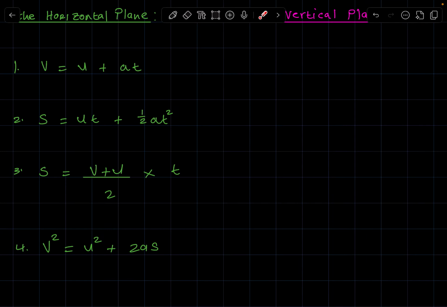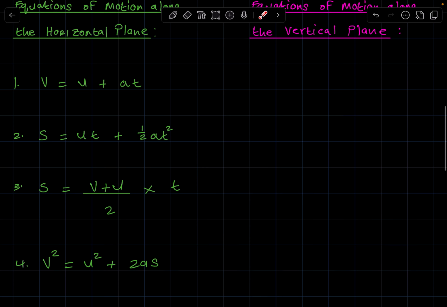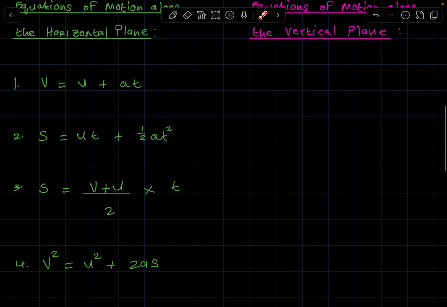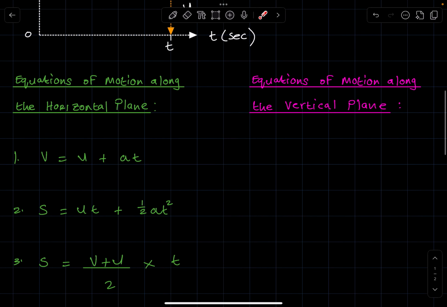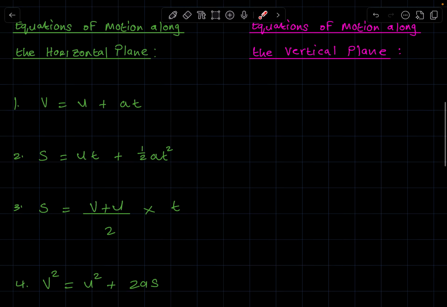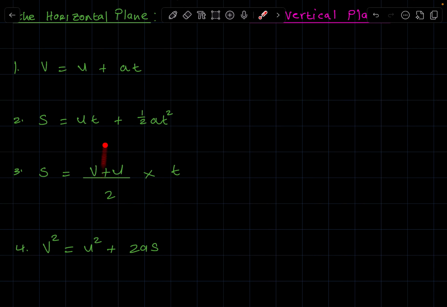Now, to use the equations of motion exactly as they are, the objects would have to be moving along the horizontal plane. And so if you're looking at objects moving along the horizontal plane, this is how you use your equations of motion, where v stands for final velocity, u stands for initial velocity, a stands for acceleration, t stands for time, and s stands for displacement.